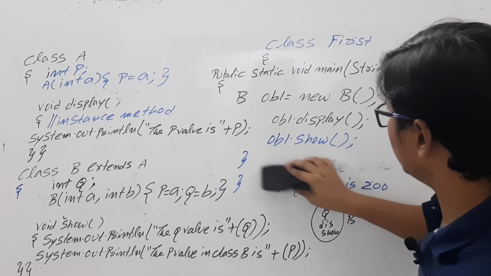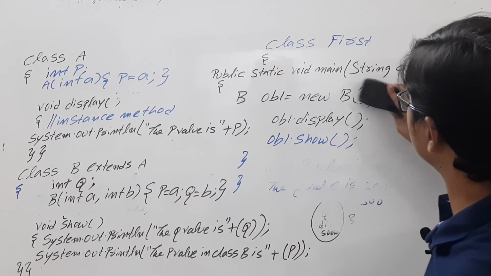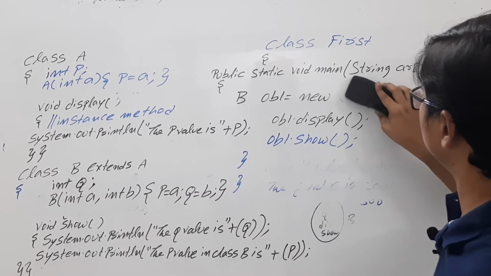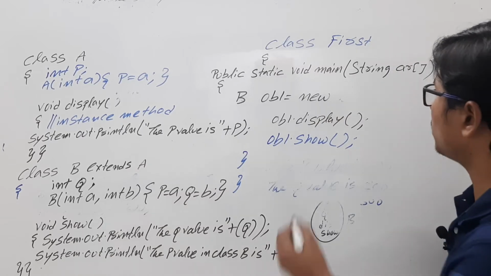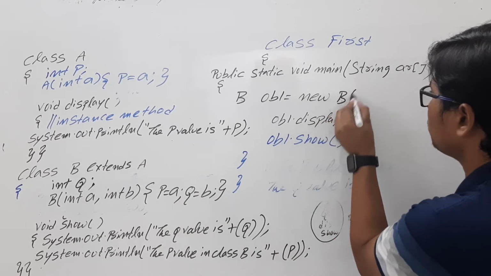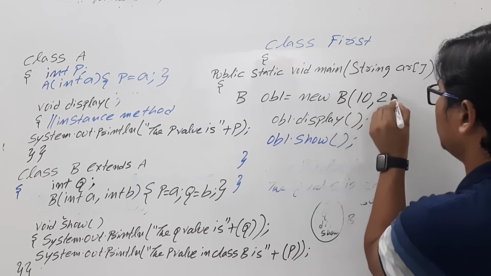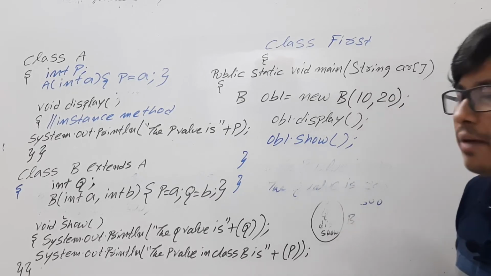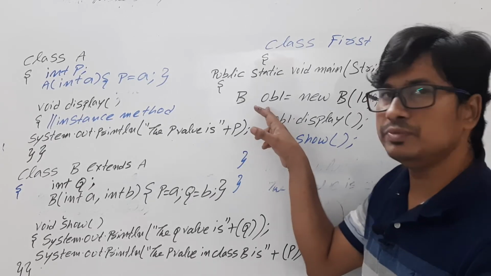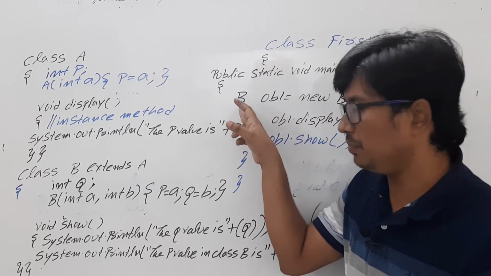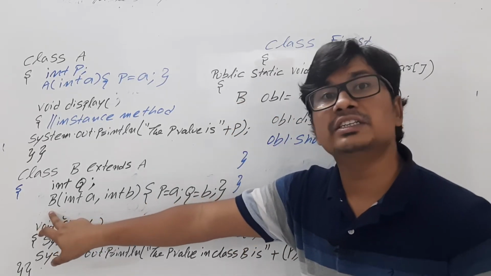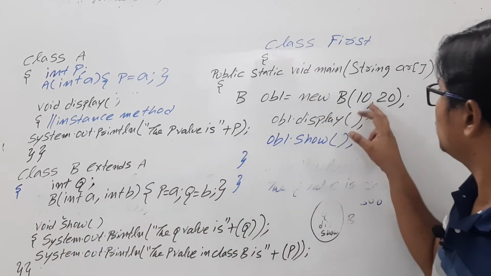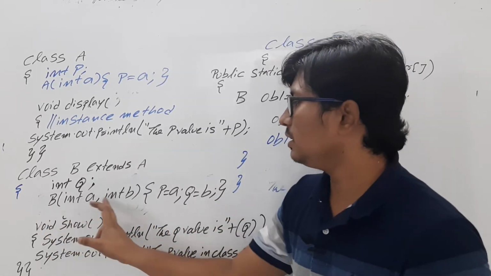Then if I do this one, because as you need to have the only one parameter constructor having the two arguments, then here you need to pass the two arguments 10 comma 20. Then what will happen, as you are creating an object for the child class called B, then this constructor will be invoked because you are passing two parameters, so it will call.